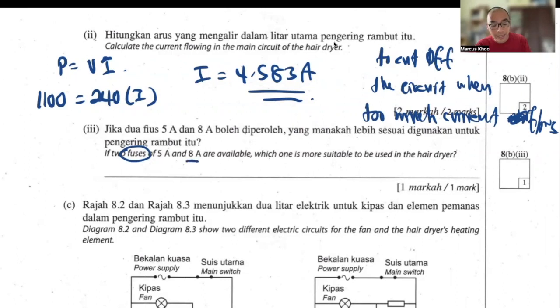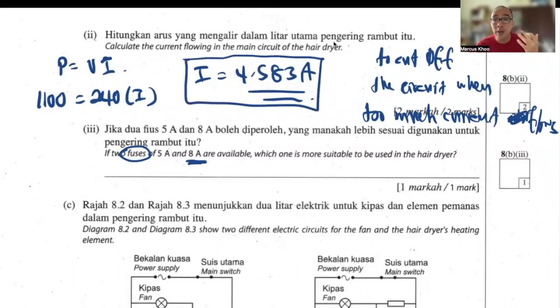If we put in an 8 ampere fuse, that means 7 ampere can flow, 6 ampere can still flow. But the problem is we only need 4.583 amperes. We don't want too much, because if too much current flows, it will cause the electrical equipment to break down.